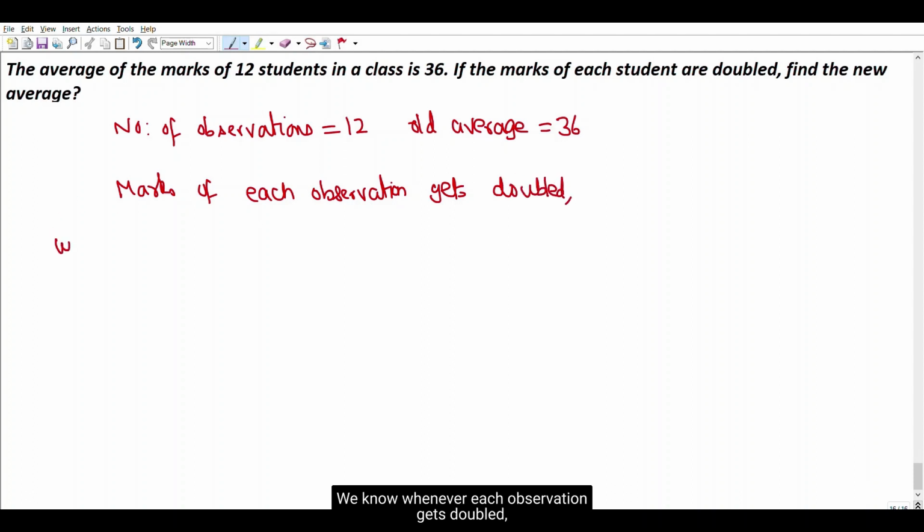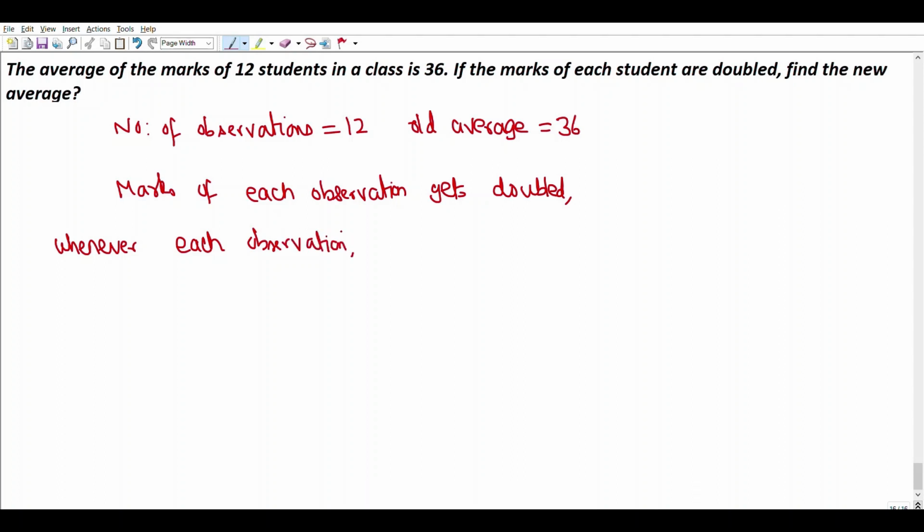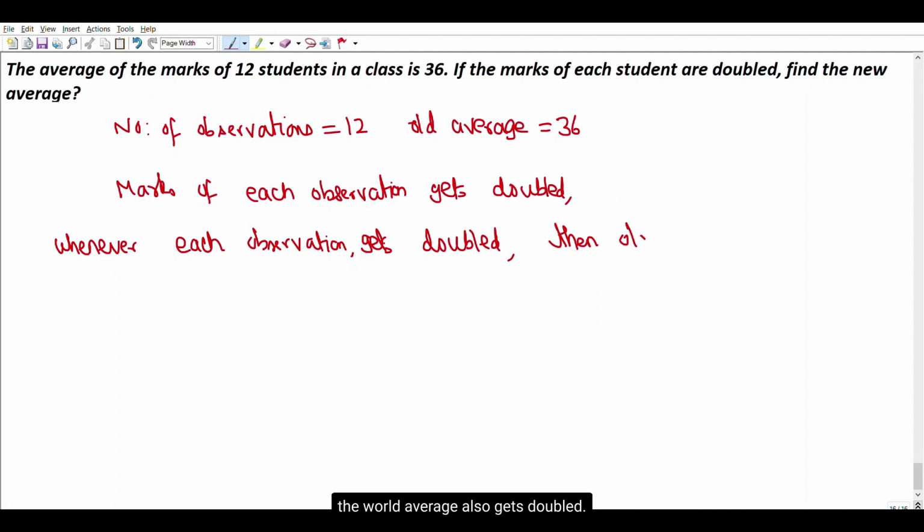We know whenever each observation gets doubled, the old average also gets doubled.